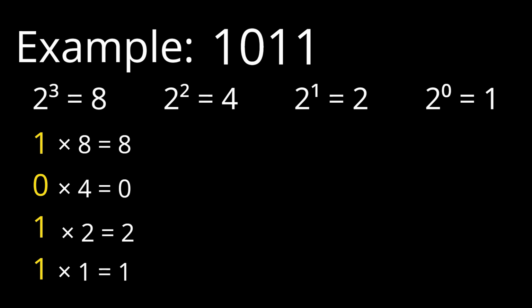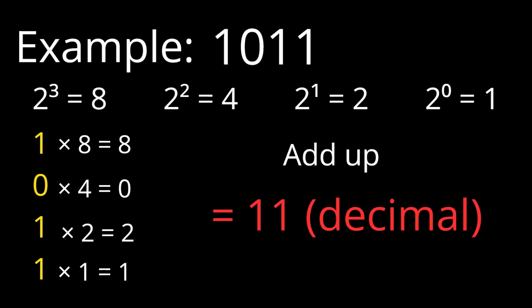So 1 times 8 will be 8. 0 times 4 equals 0. 1 times 2 equals 2, and 1 times 1 will equal 1. Then we need to add up. We add 8 plus 0 plus 2 plus 1. This will add up to 11 as our final answer.